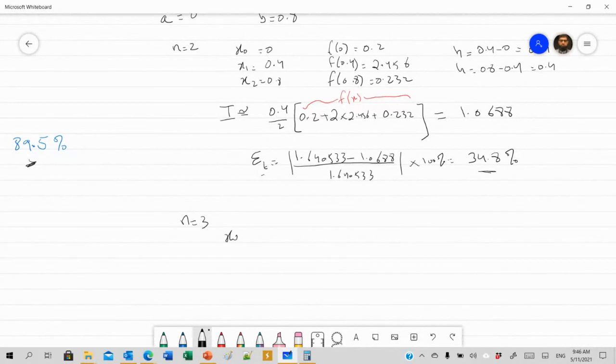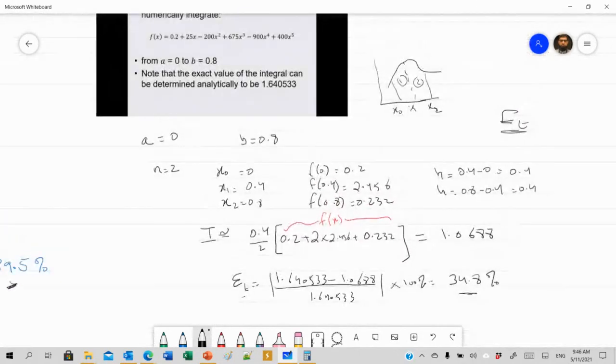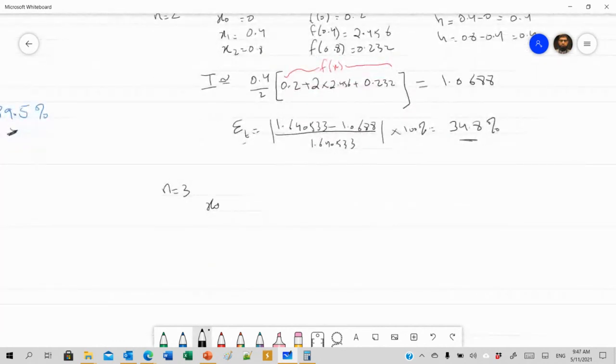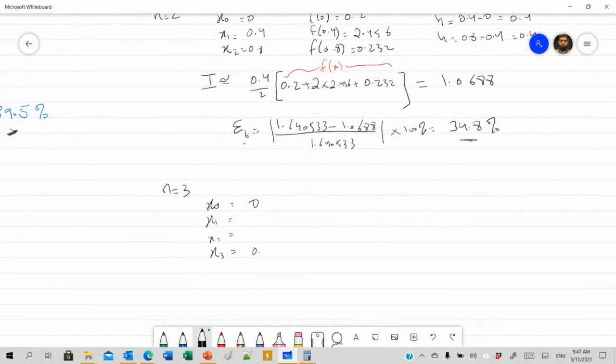So if I go back to the graph here now, I make 3 segments, 1, 2, and 3. So I'll have x0, x1, x2, and x3. So this is 0, this is 0.8.